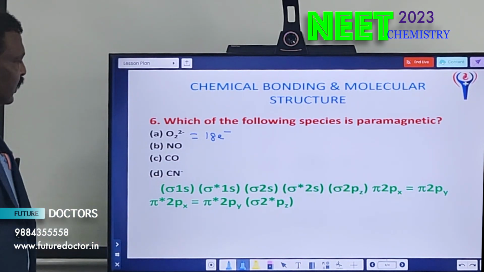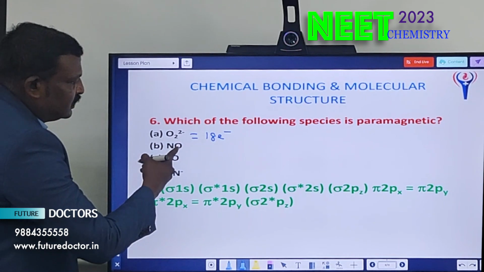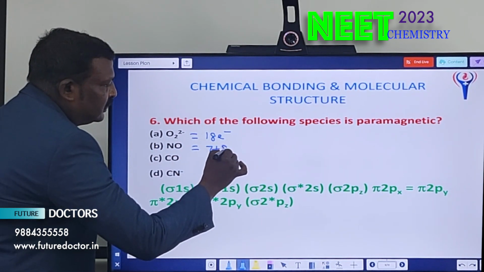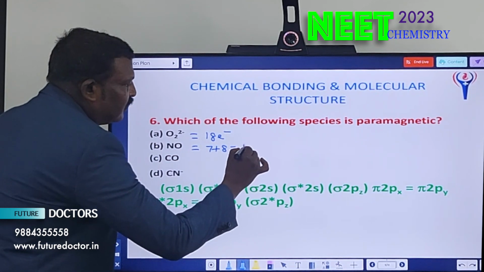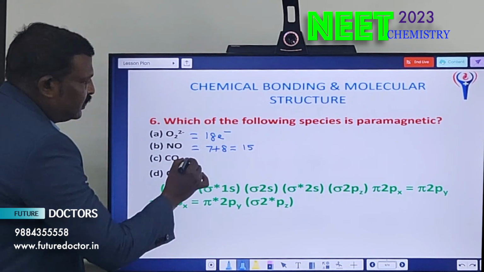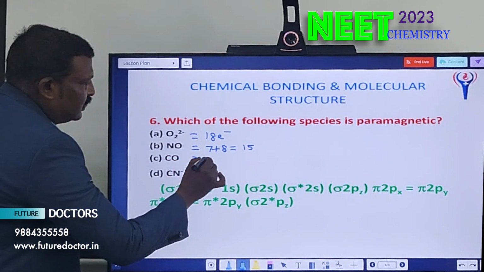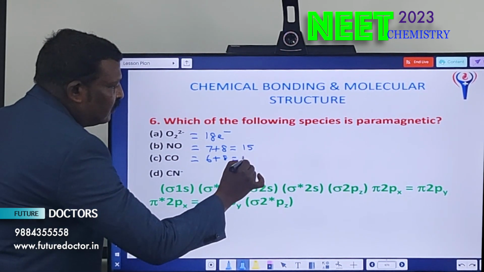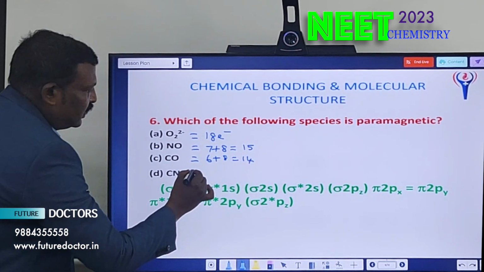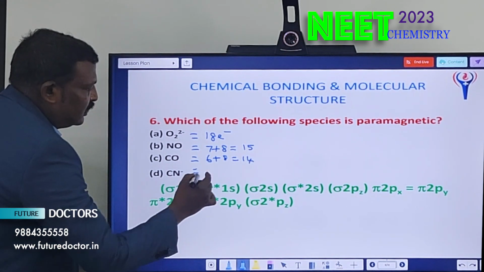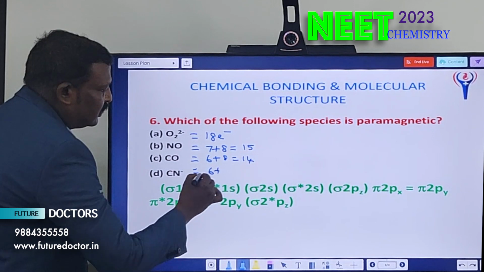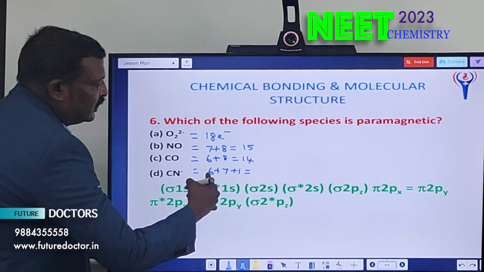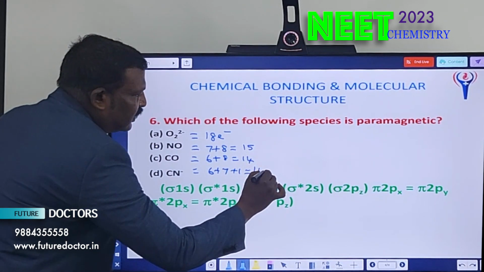Here NO means N is 7 plus 8, so we have 15 electrons. Here totally 6 plus 8, we have 14 electrons. Here 6 plus 7 plus 1, so 8 plus 6, 14 electrons.